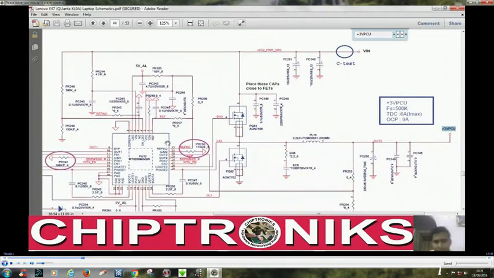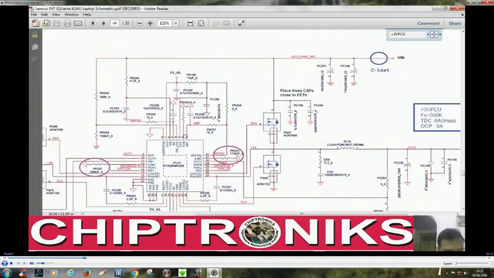Now this is the 3V 5V regulator IC, and you can see this is EN1 and EN2. This EN1 and EN2 is tied up with 3V5_EN. Now from where is this 3V5_EN coming? We search here.